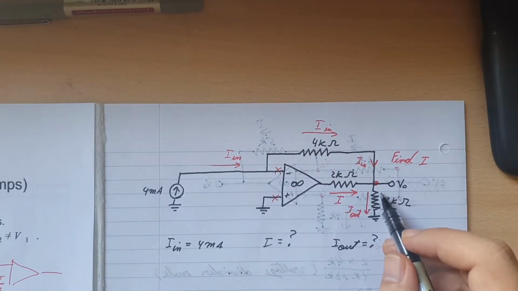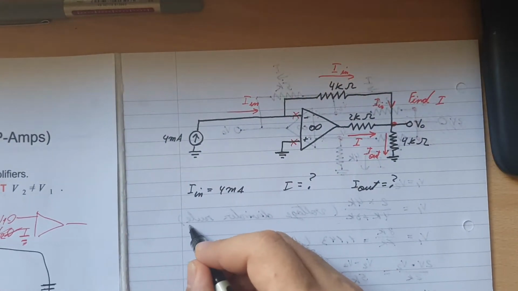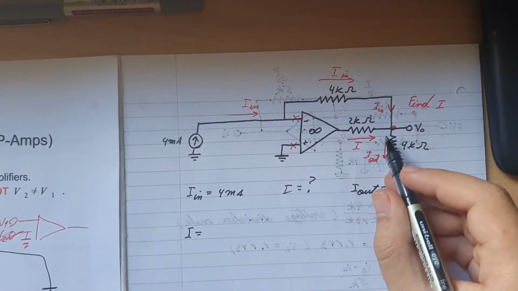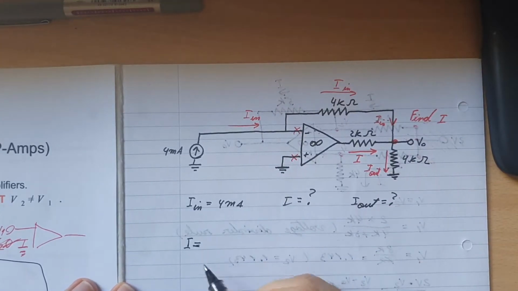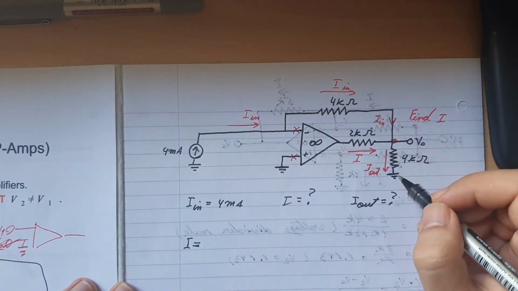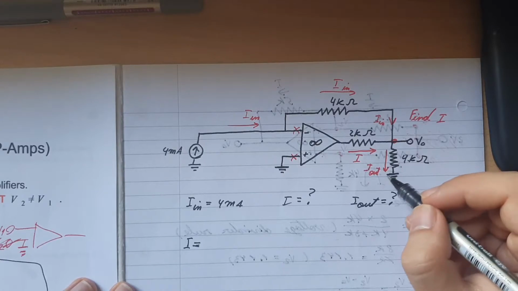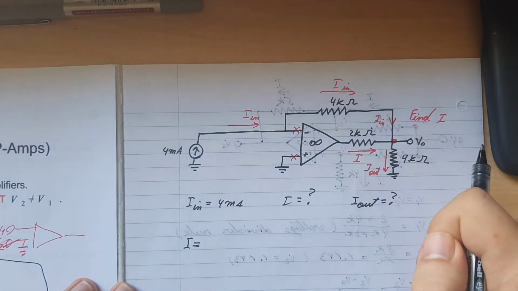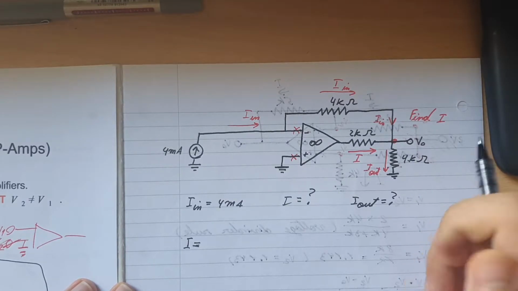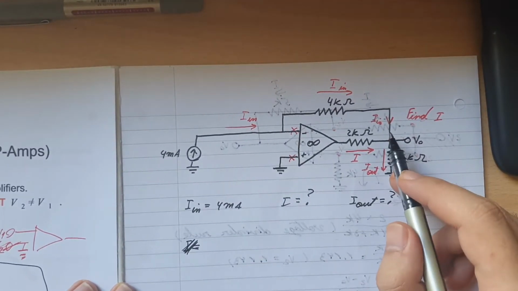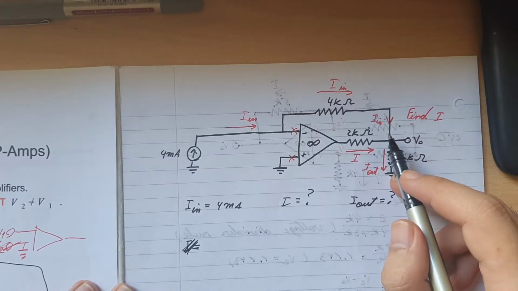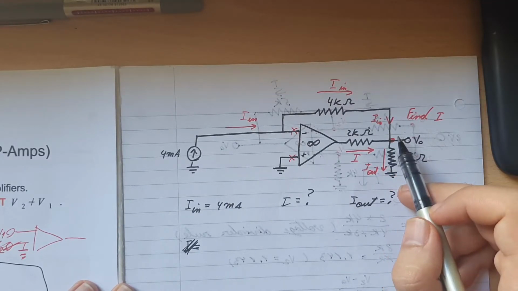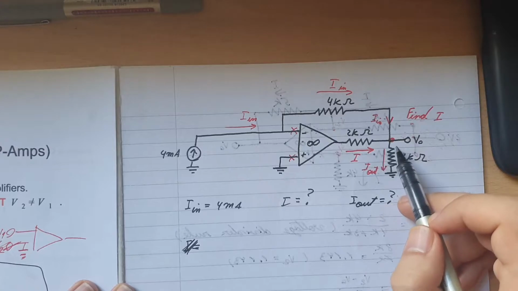Actually, if I think about it, I don't think the current divider will work here. So let's say I is equal to this current here. Yeah, it won't work because they have different directions. We need to use I out for it, but we don't know the voltage here yet, and that's the problem. Sorry about that. We can't apply the current divider rule because the current divides at this point.